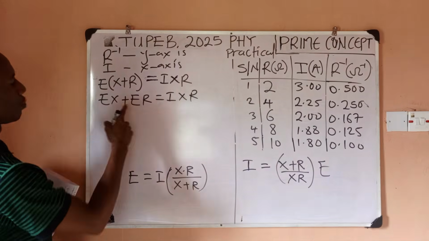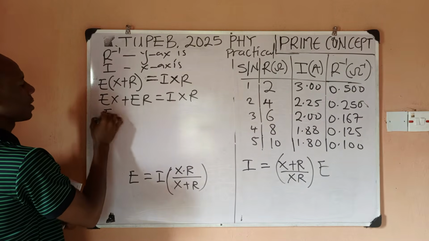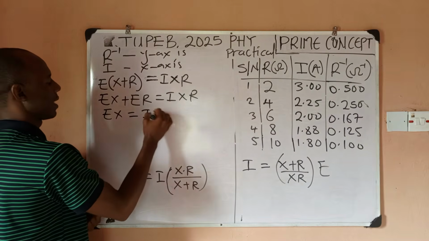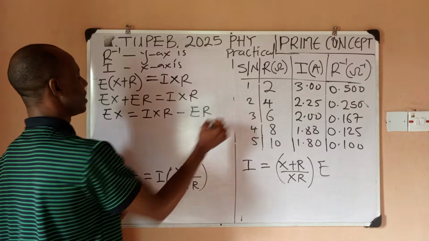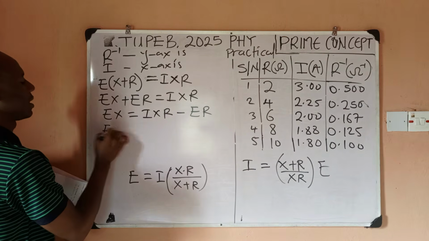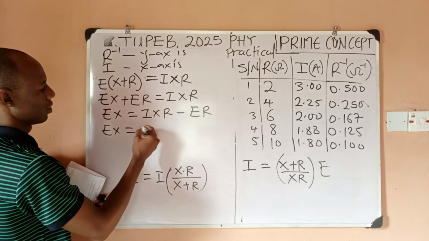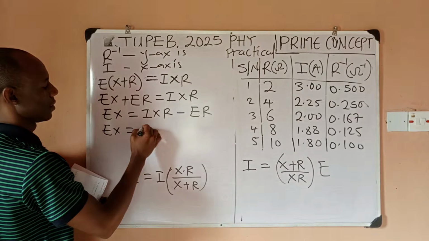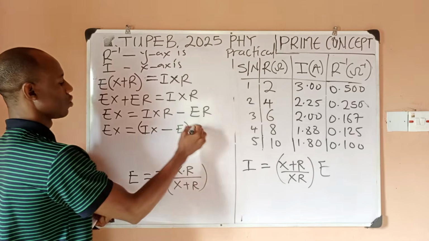Now, if I push this to come and meet this, I would have ex equals I x r. When this crosses, it becomes minus er. So I have ex equals, what is common on this side now? You notice that I have ix minus e into r.